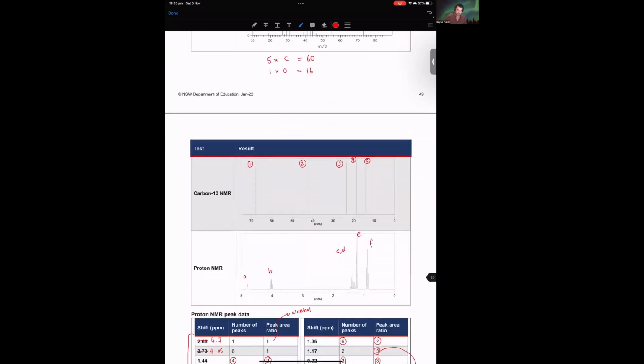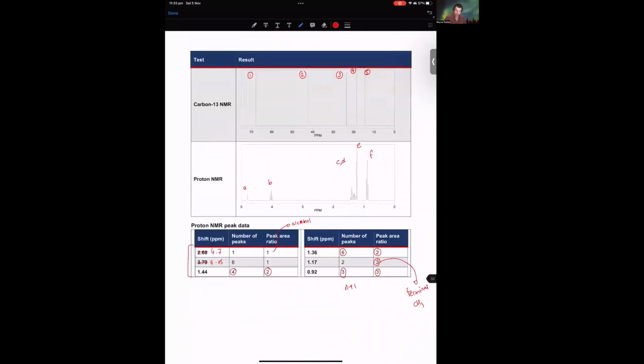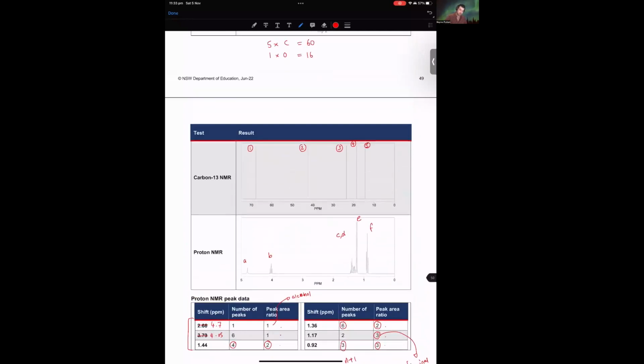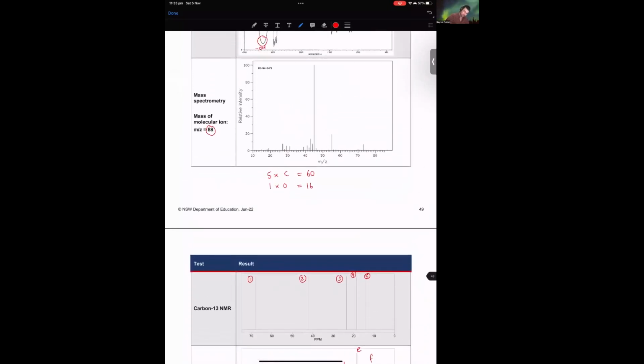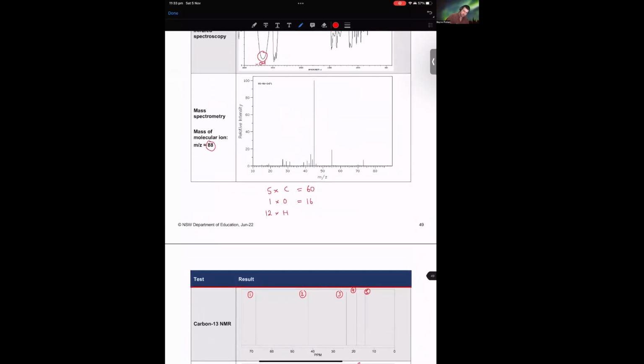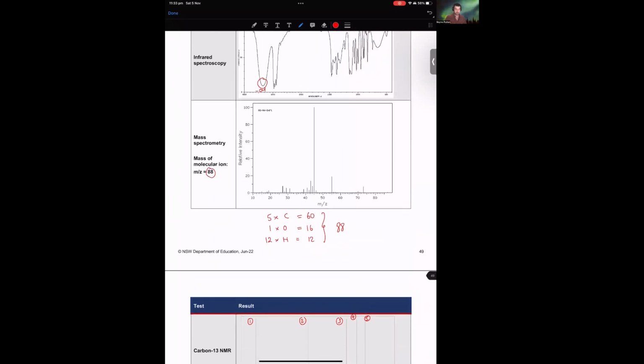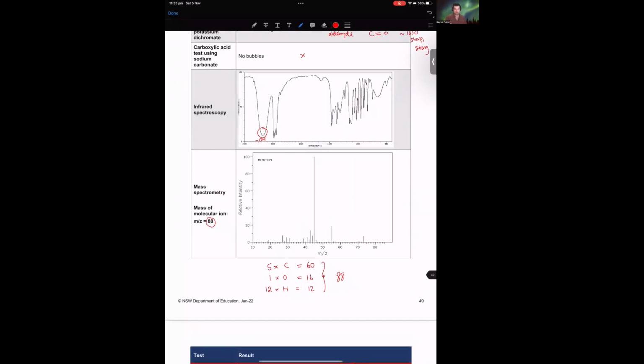And now we just need to add up our protons. So we've got 3, 6, 8, 10, 11, 12. So we've got 12 protons equals 12. And if we sum those together, we get 88, which is great. That tells us that our assumption of how many carbons and protons are present matches our mass spec.